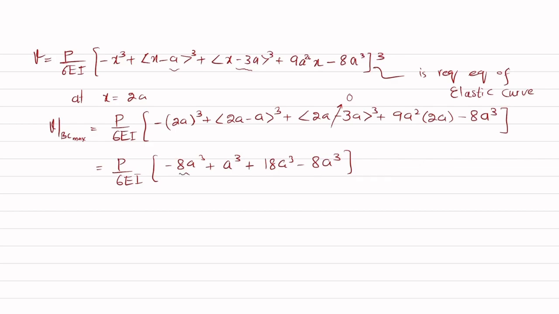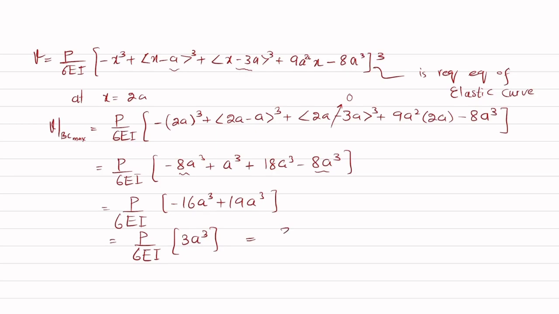So minus 8 is minus 16, so I will write minus 16a cube plus 19a cube, which is equal to P over 6EI into 3a cube.